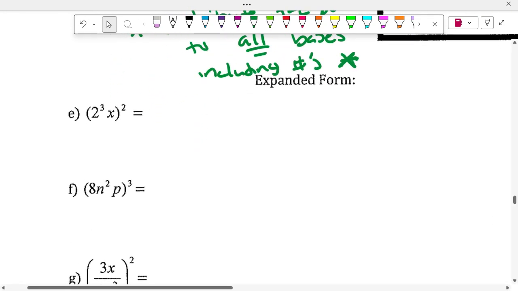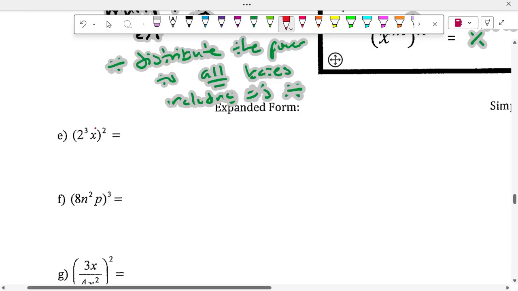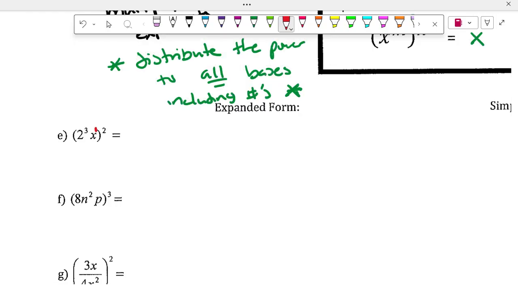Now, do I really need to bother with the expanded form for these, or do you just want me to go straight into simplified? Okay. So, for these, I always recommend putting ones on the bases that don't have exponents so you don't forget to multiply to it. All right. So, we're raising everything to the 2 power, so I'm multiplying every exponent for every base by 2.